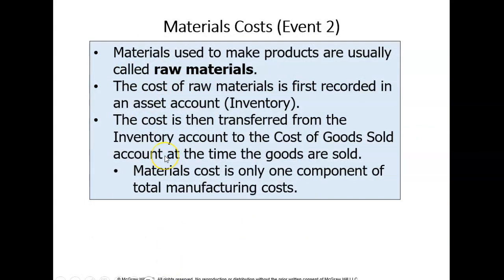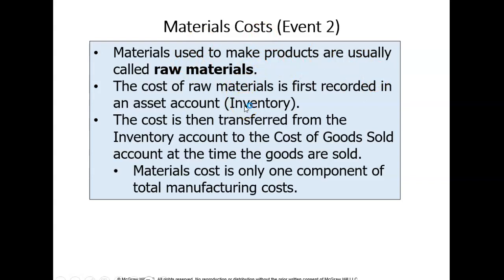Okay? We're going to now break down those components that make up product costs, your raw materials, what we call your work in process, and your finished goods. Let's begin with raw materials. So raw materials are those items we're going to purchase that we need to make the actual product. They go into a raw material inventory account.